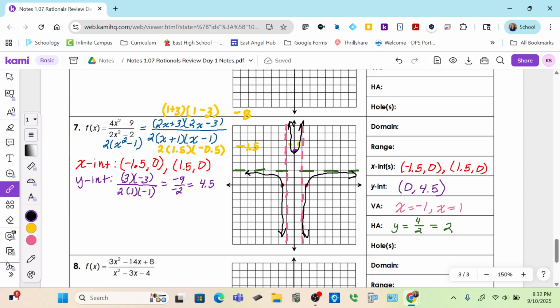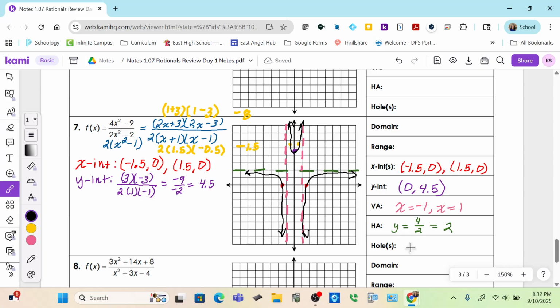If you want to find specific values, do like I did to find a point or find points here in the middle between the vertical asymptotes. Just create an XY table, plug in values of X, find your Y, and see where those points would be. But this is what this graph is going to end up looking like ultimately. We don't have any holes in this one.